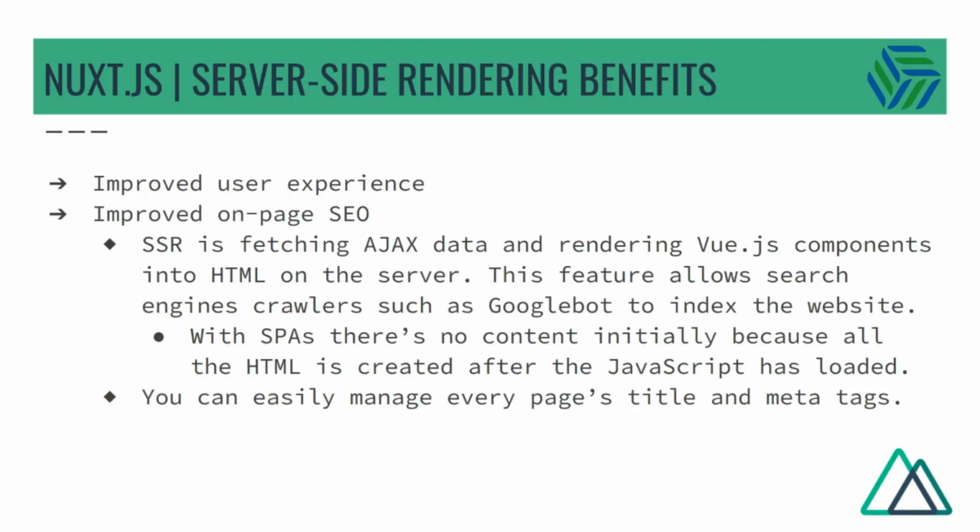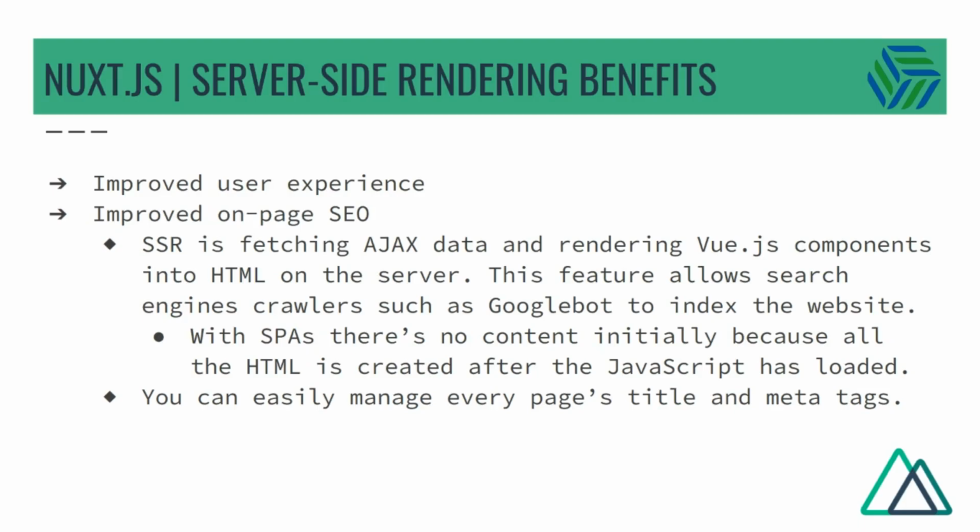What are the benefits of using server-side rendering with Nuxt.js? You get an improved user experience, you get improved on-page SEO. Nuxt.js will fetch the Ajax data and is going to render all the Vue.js components into HTML on the server.